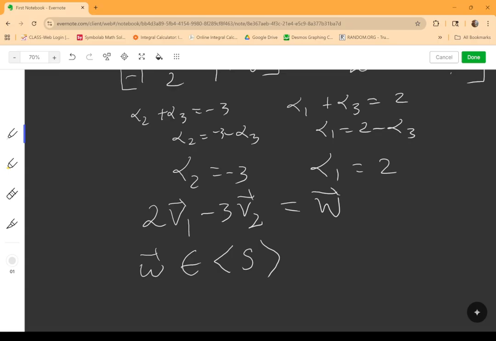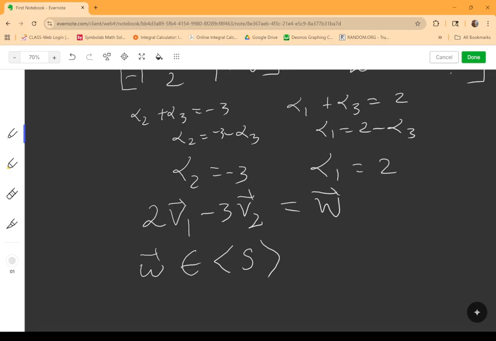To summarize, to find whether a vector is in the span, we set up an augmented matrix where the columns come from my set of vectors, and the augmented column is the vector we want to determine is in the span or not. We find the reduced row echelon form.